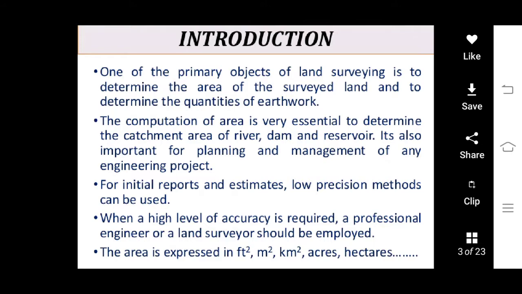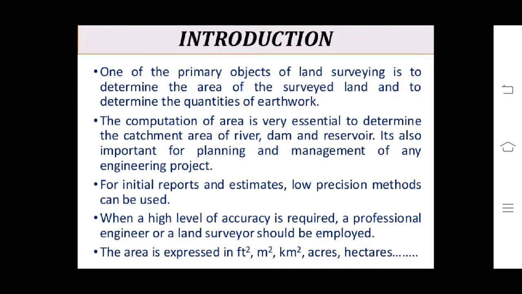Since these projects, like dams, culverts and spillways, are of high priority, it is necessary to find out the accurate volume of water to be stored and volume of embankment, which is needed for finding out the cost of the project.